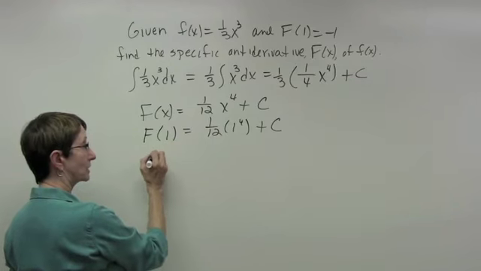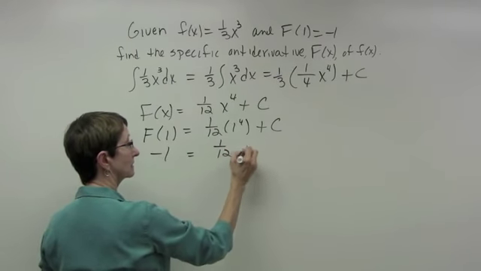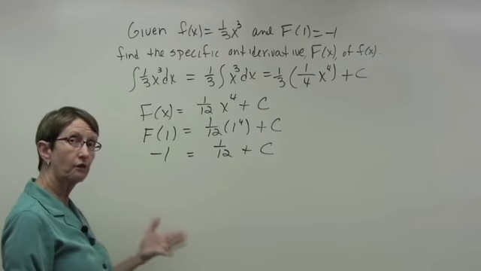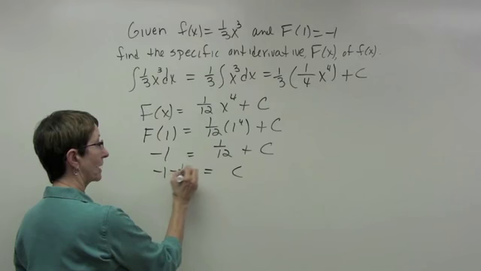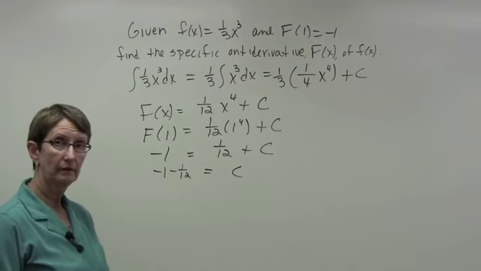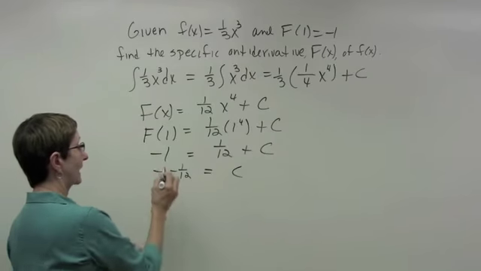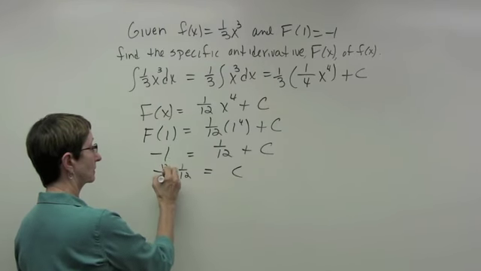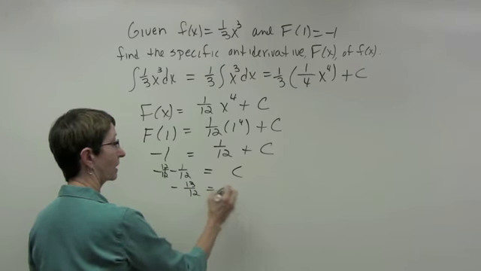F of 1 is given to be equal to negative 1. So to solve for c, I have negative 1 minus 1/12. The easiest way to do this is to get a common denominator. -1 is -12/12. So c would be -13/12.